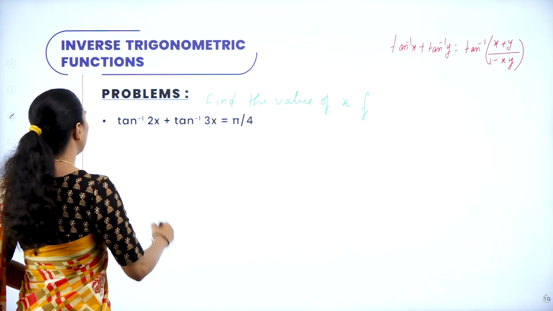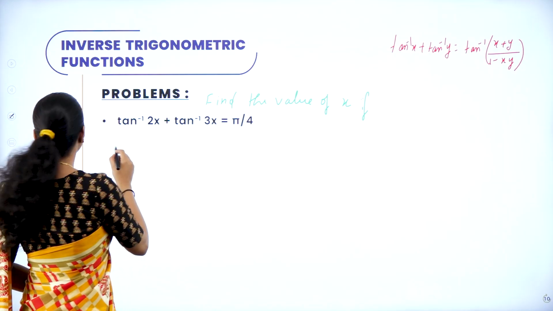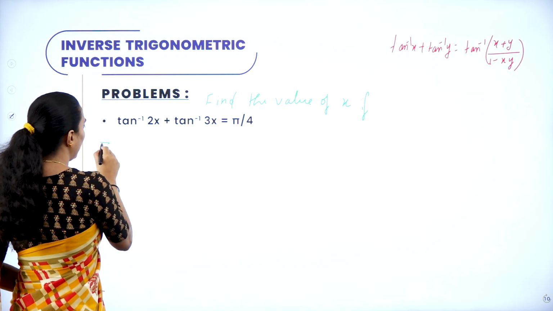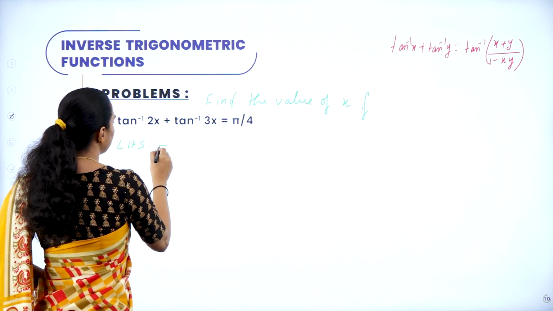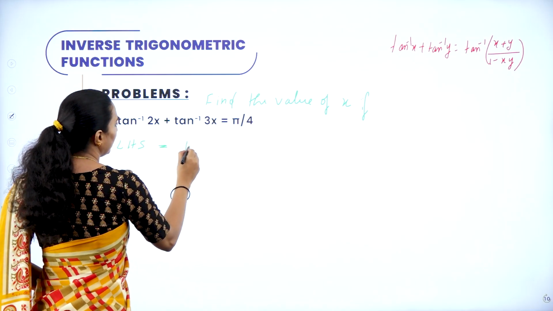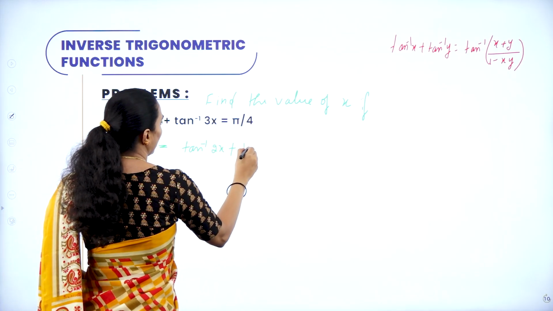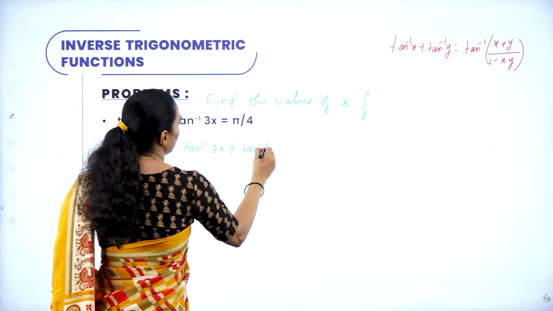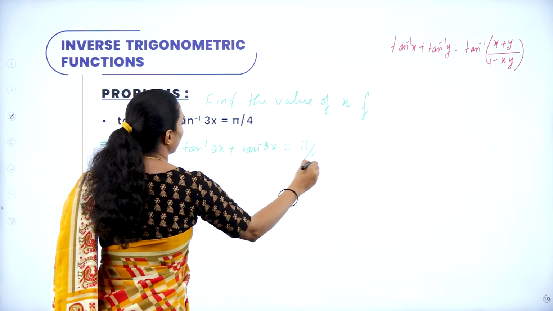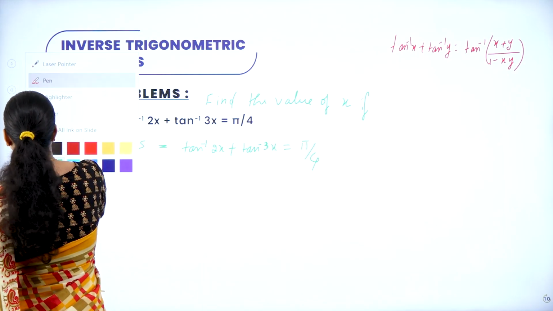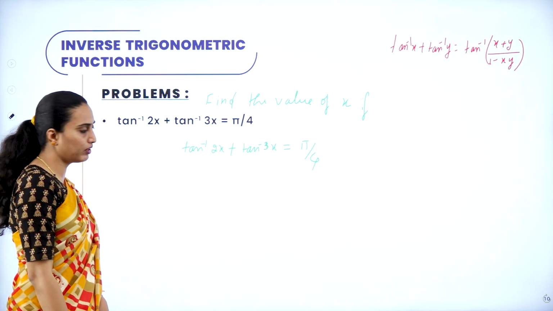Okay, so therefore you are going to have here tan inverse of, what is that? I am going to take the whole term, okay? Because pi by 4 they have given. Instead of taking the LHS and RHS, they have given like this.